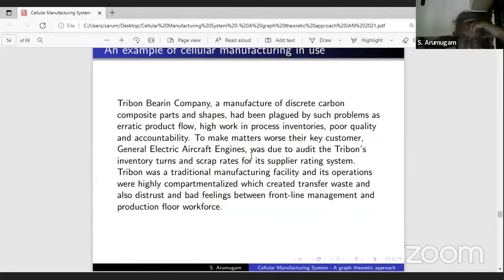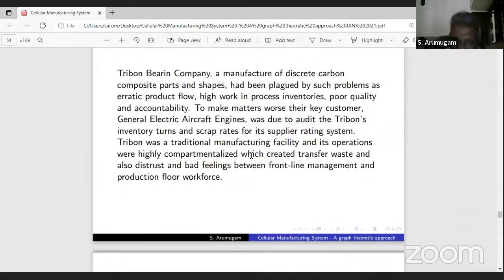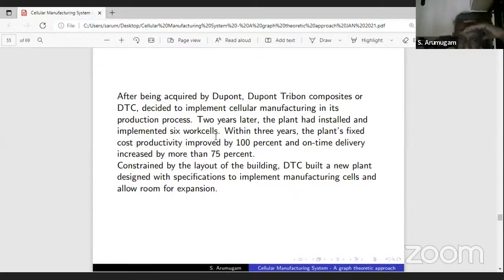They decided to sell the company right away. Triban Bearing Company, faced with terrific loss in the business and unable to run the manufacturing factory, sold the factory straight away to another company called DuPont. DuPont purchased the company and decided to implement cellular manufacturing right away.